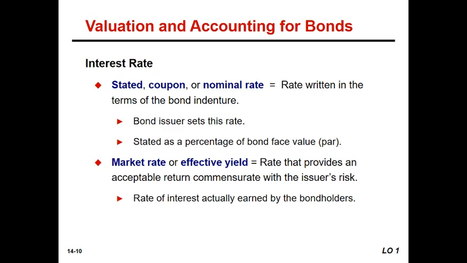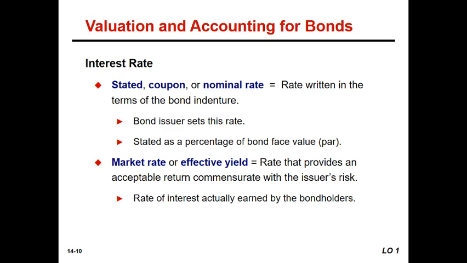This is what they will be paying in cash in semi-annual payments. This is going to be stated as a percentage of the bond face value, which is also called par. So when we move forward and we start saying whether or not they're selling at par or not, that just means at face value.